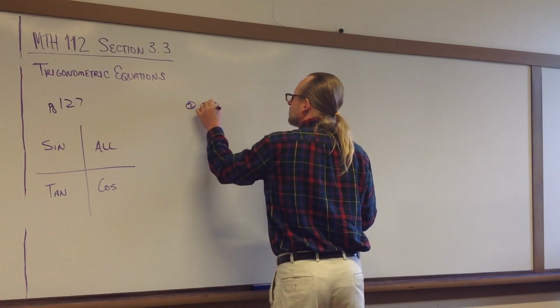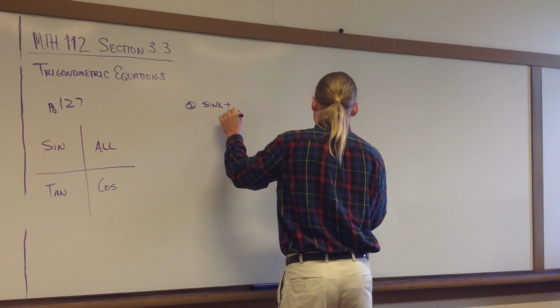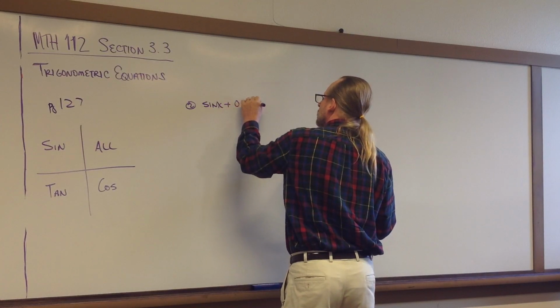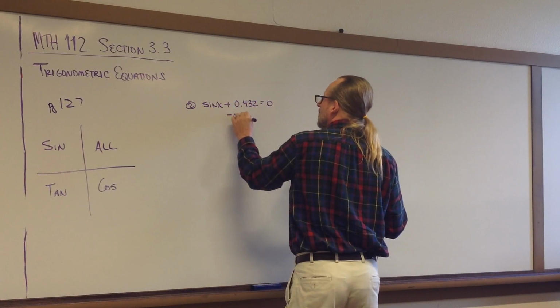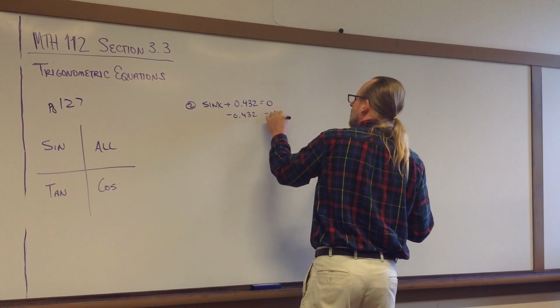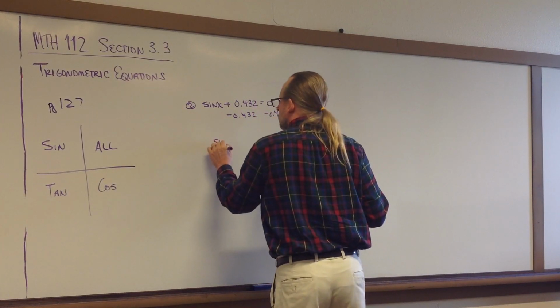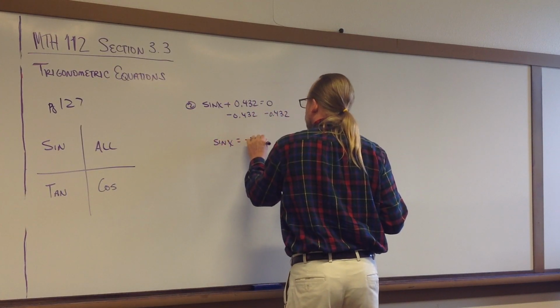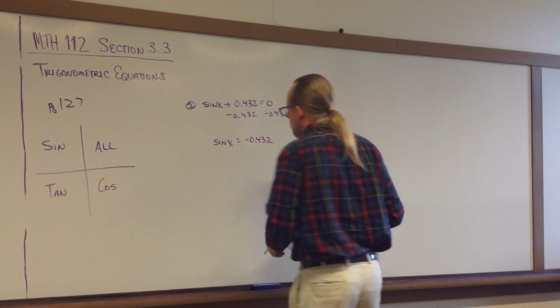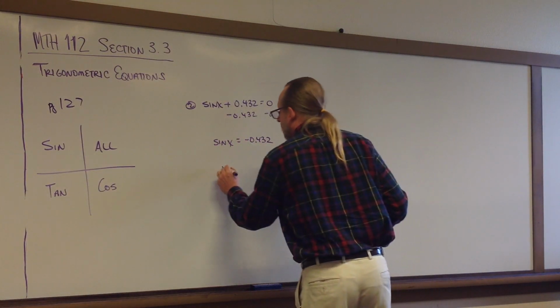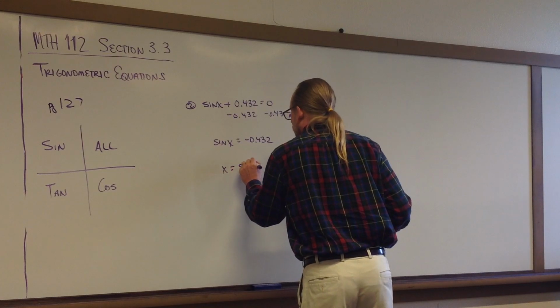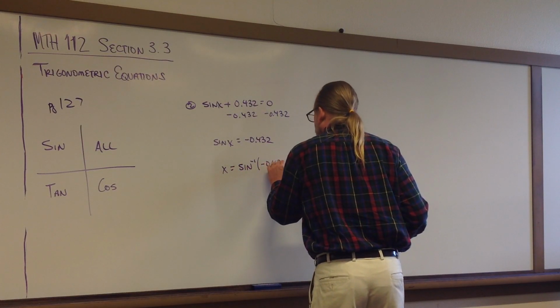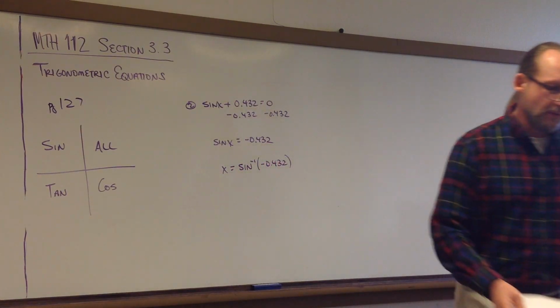We've got sine x plus 0.432 equals 0. So move this to the other side. Sine x is negative 0.432. So now let's take the inverse sine. X will be the inverse sine of negative 0.432.